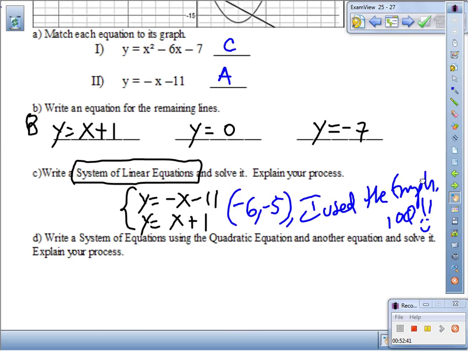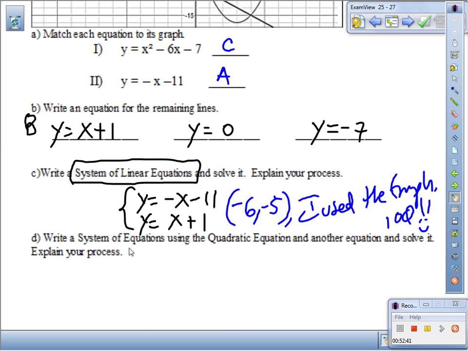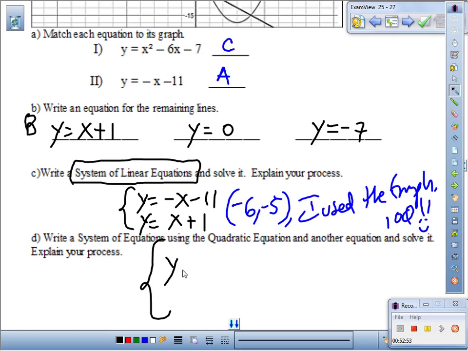Thank you. Next, it says, write a system of equations using the quadratic equation and another equation. So let me get that one started. A quadratic equation, which was y equals x squared minus 6x minus 7. And give us another equation. Esmeralda, y equals 0. Whoa, she gives a hard one there. So y equals x squared minus 6x minus 7 and y equals 0.